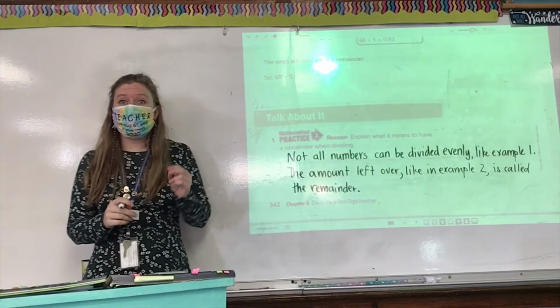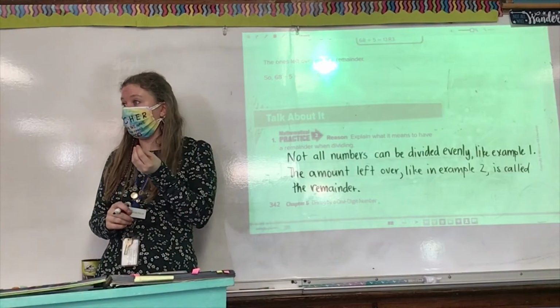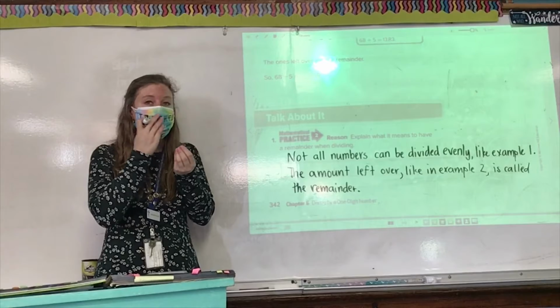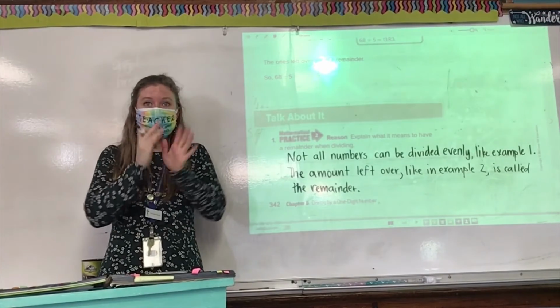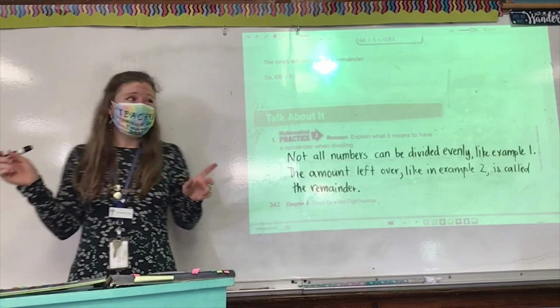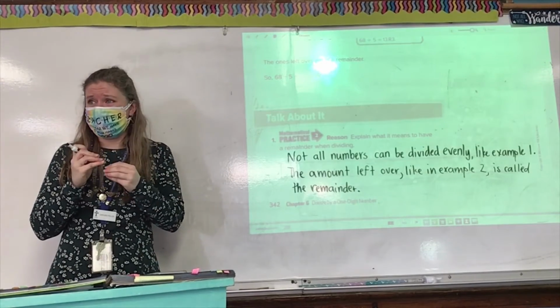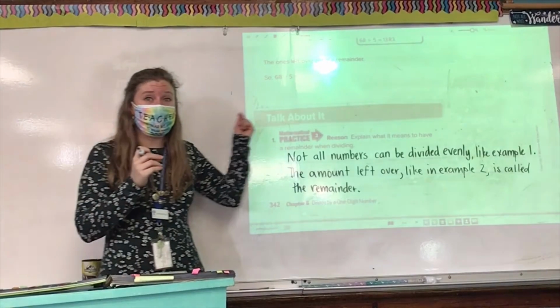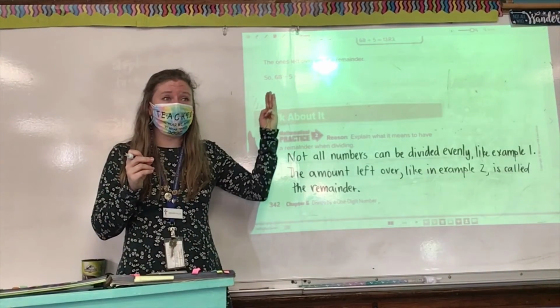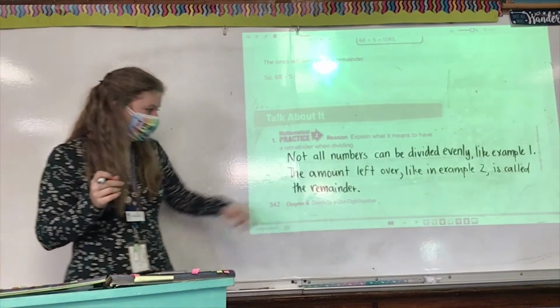So 39 we were able to put evenly into 3 groups. There were 13 in each group, none left over. But 68 could not be divided evenly into 5 groups. There were still 13 in each group, but then we had those 3 ones left over. That's the remainder.